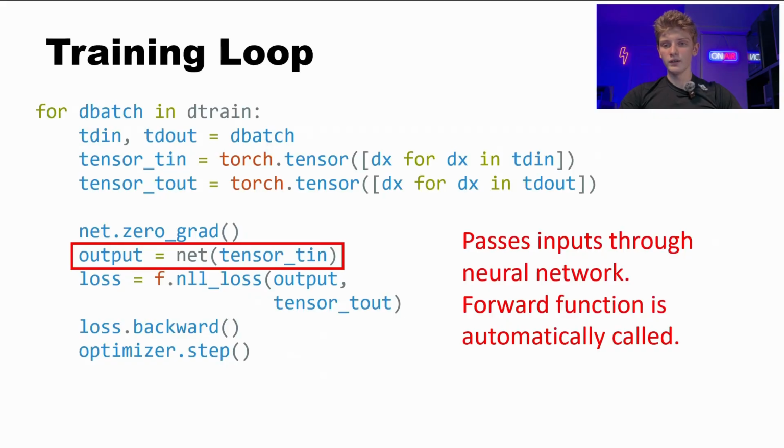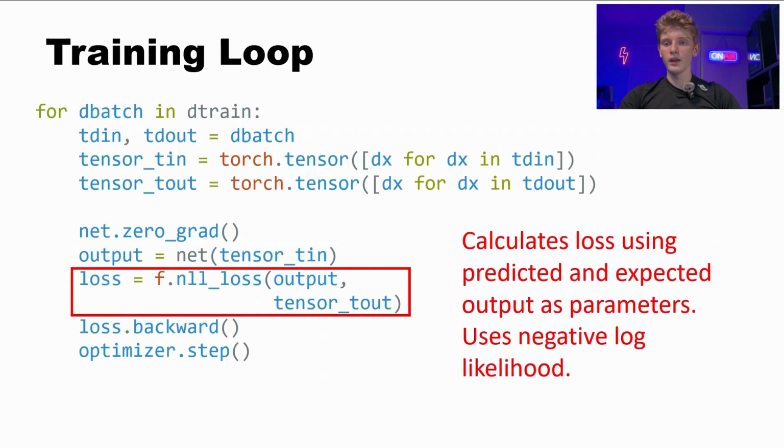You can see we use the instance of our net class, and we pass the input as a parameter for it. Next, we calculate the loss. You can see we have a loss function, and its parameters are the predicted output from our neural network and the expected output from our training data.